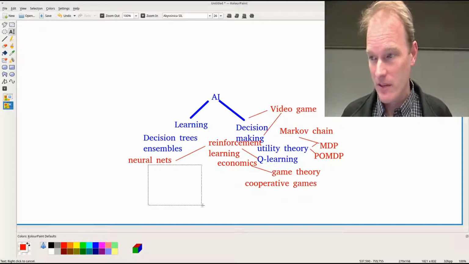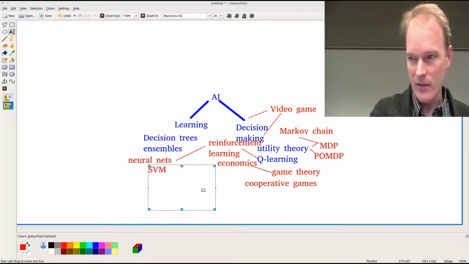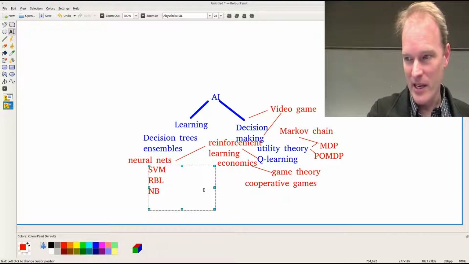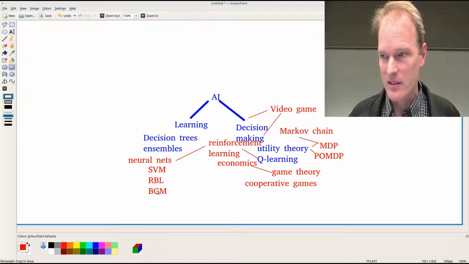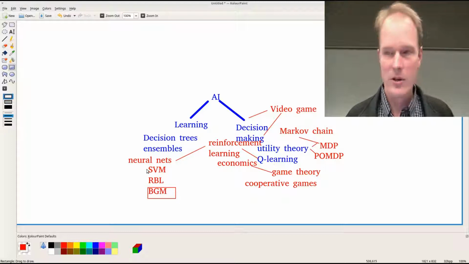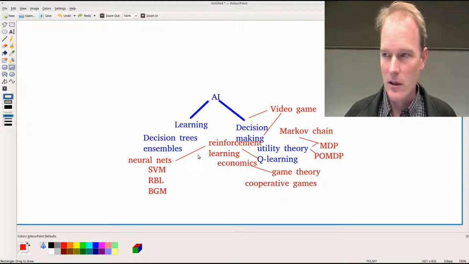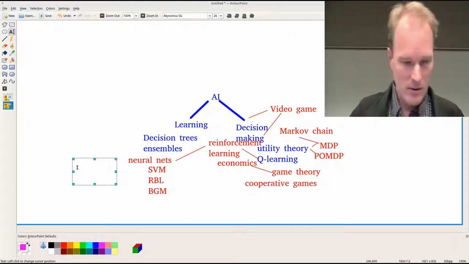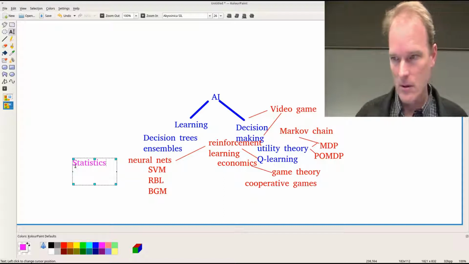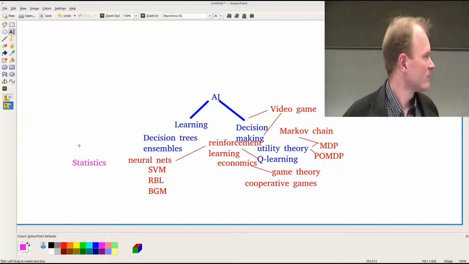There are, of course, lots of other learning models, such as support vector machines, rule-based learning, naive Bayes, or Bayesian graphical models, which are a good system. And this is a very statistics-based approach. As we get over onto the learning side, you'll find that statistics plays very heavily into the models.